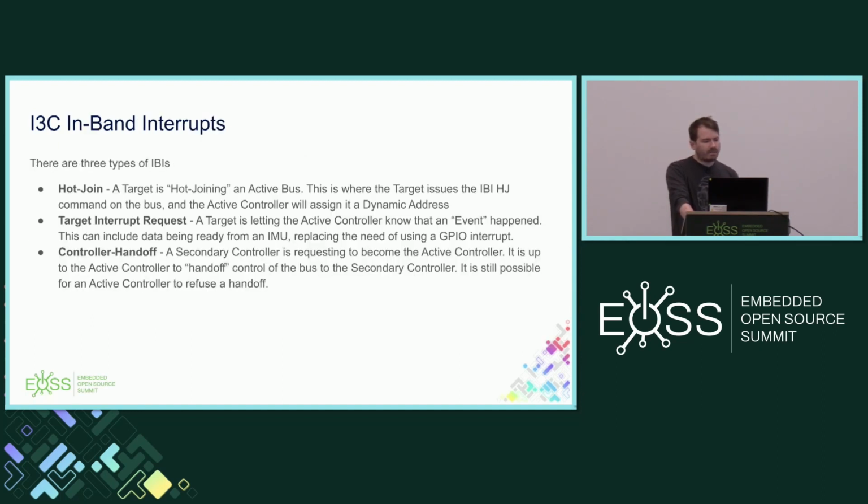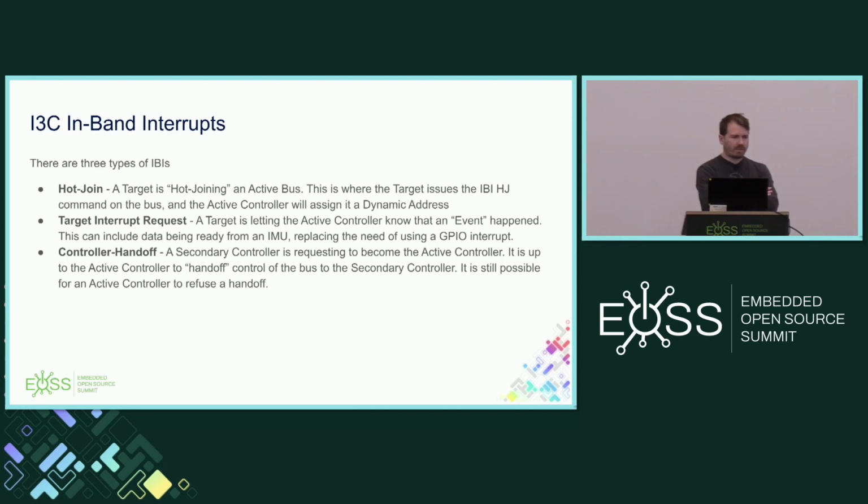All right, so in-band interrupts. This is probably the feature most people know with I3C. There are 3 types of IBIs, but probably the most common one when people just say IBIs is the target interrupt request. Let's say I have an accelerometer connected and an event happens, like accelerometer data ready, for example.